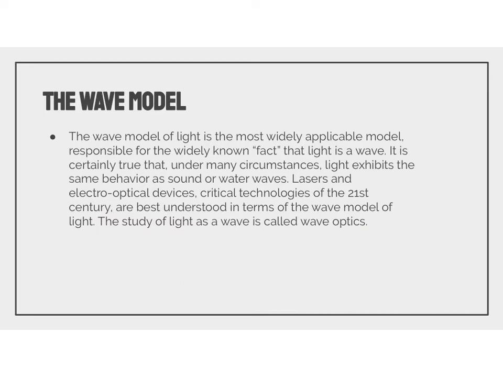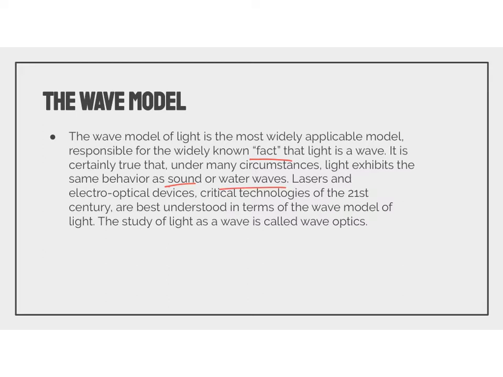So the first model is the wave model. I always think it's funny when I say it this way, this is widely known for the fact that light acts as a wave. It's certainly true that under many circumstances, light exhibits the same behavior as sound and water waves, and we're going to take a look at that in this first section.